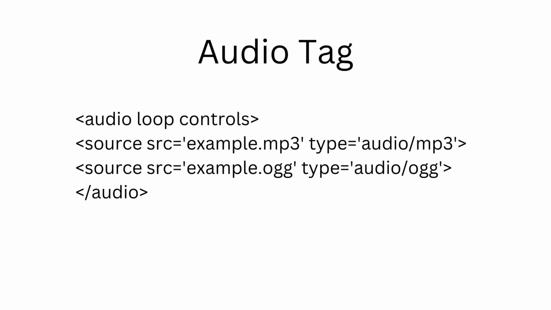Just like the video tag, we add a source element and specify the format using the type attribute, such as audio/OGG. Multiple source elements can be added to accommodate for different browser support of file types. Overall, understanding how to use media elements in HTML is essential for creating dynamic and engaging web pages.